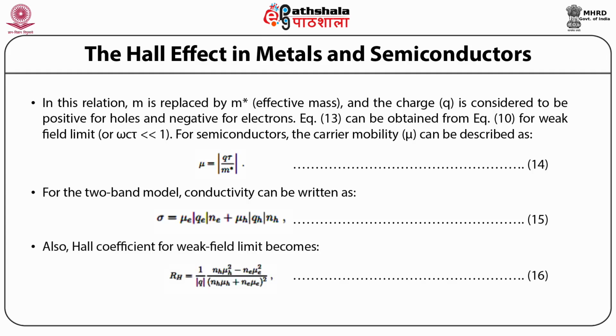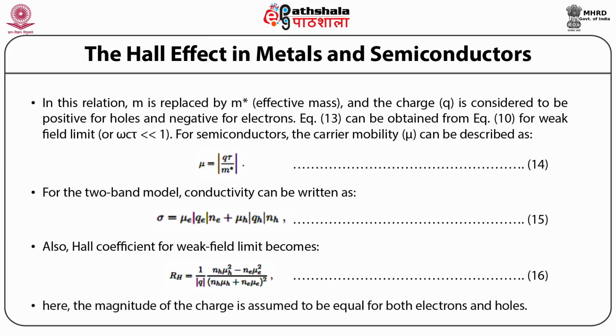Also, the Hall coefficient for the weak field limit becomes RH equals 1 by modulus of Q multiplied by (NH mu H squared minus NE mu E squared), divided by (NH mu H plus NE mu E) squared. Here, the magnitude of the charge is assumed to be equal for both electrons and holes.